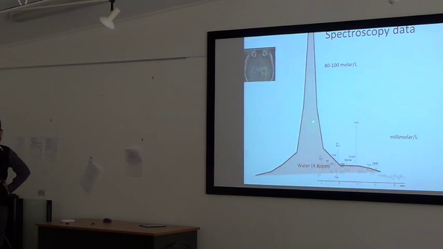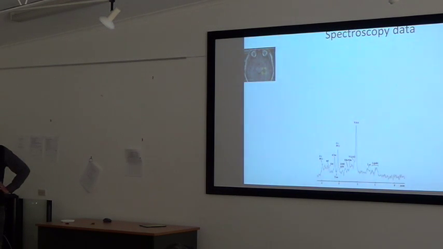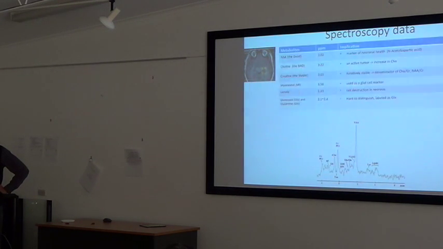And remember, the area under the peak indicates the concentration. So we have this huge Snow White on top of our dwarfs. You can't really see the dwarfs, they're hiding under the skirt of Snow White. So the first thing we do is get rid of Snow White. We apply water suppression, and then we can see our seven little dwarfs here.